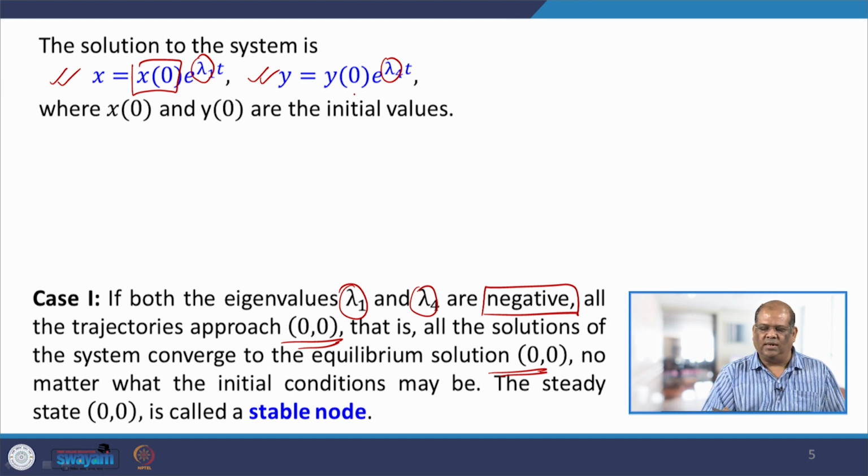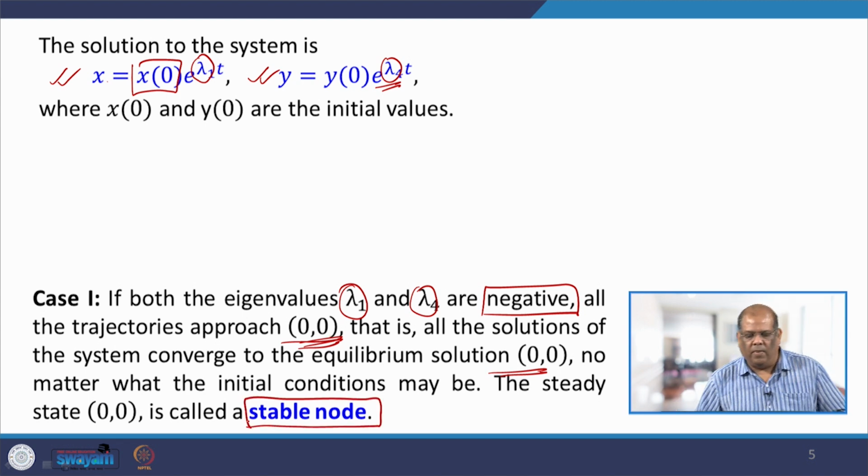As time increases, e to the power minus lambda 1 t will go towards 0, same with the other, and your (x, y) will approach the point (0, 0), which is the equilibrium point here. And hence, this steady state or equilibrium point is called a stable node.